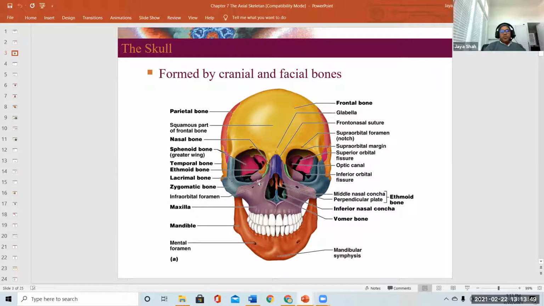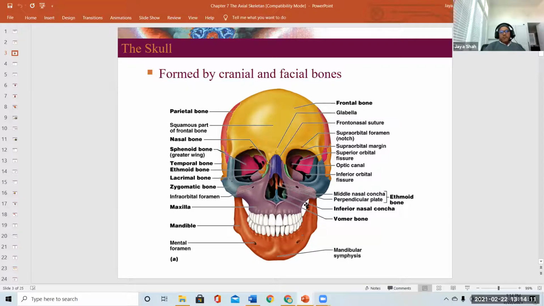So other facial bones are here, like you have nasal bone, sphenoid bone, and then zygomatic bone, maxillary bone, mandibular bone. Mandibular bone is the most movable bone in your face.